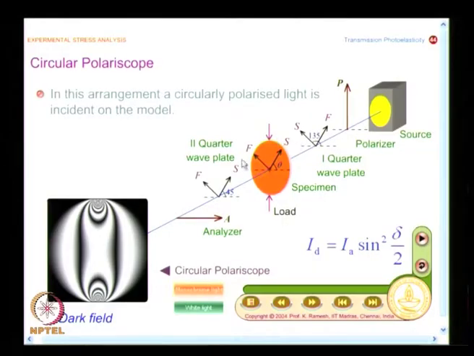and it impinges on the model. The moment I have a circularly polarized light, the directional dependence has no role to play. If I have a plane polarized light, when the plane polarized light coincides with one of the reference axes, we saw isoclinic.